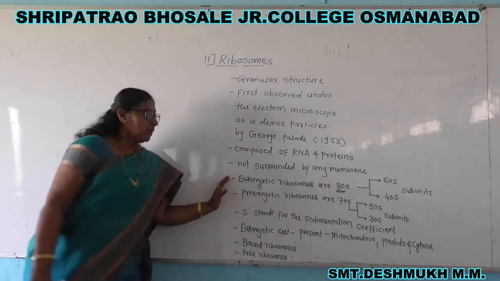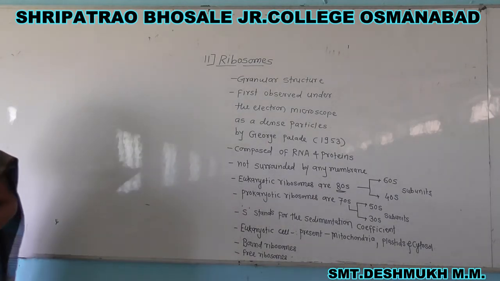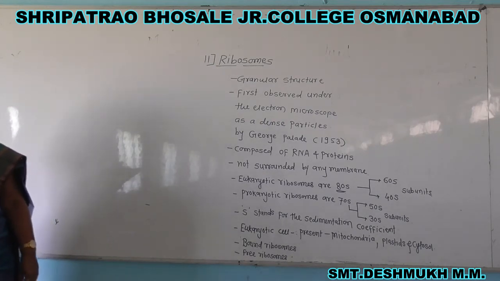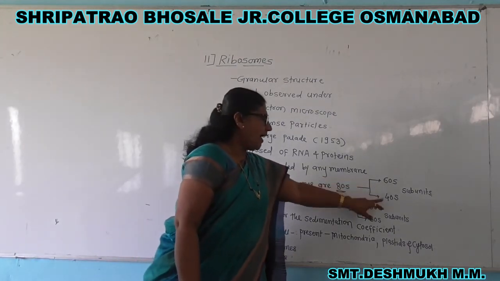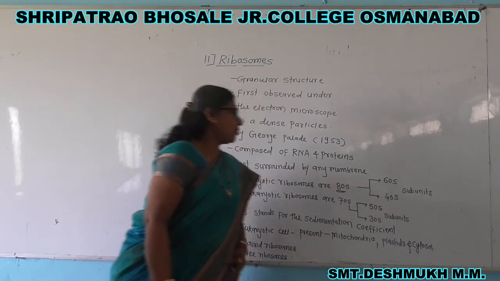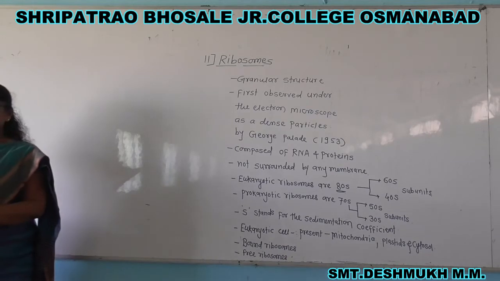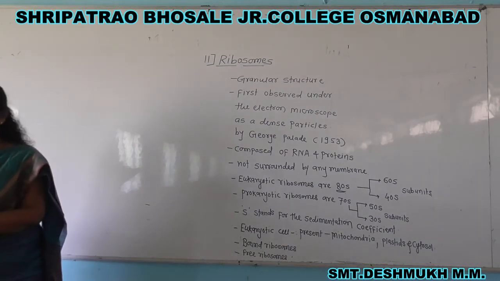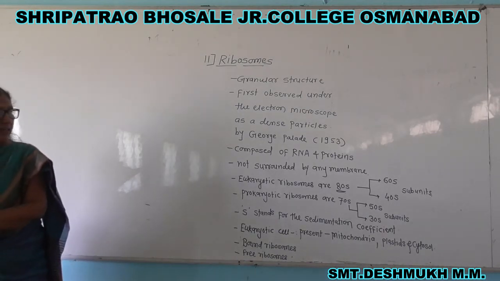The 80S ribosomes are formed of 60S and 40S subunits, while 70S ribosomes are formed of 50S and 30S subunits.